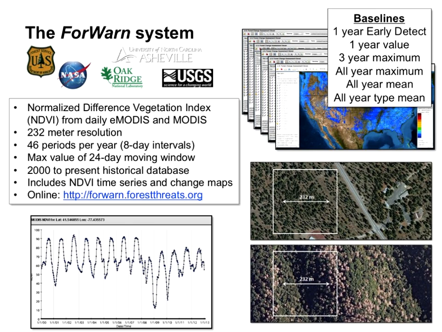We have a 1-year early detect that tries to capture the condition of the forest relative to the conditions at the same time of year, a year earlier, and a standard, a cleaner 1-year product, and a 3-year maximum baseline, a product which looks at conditions relative to the maximum you've ever seen, which gives you a sense of how things are compared to the potential vegetation that's been at that site.